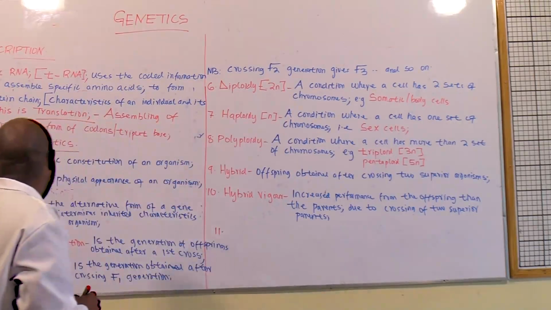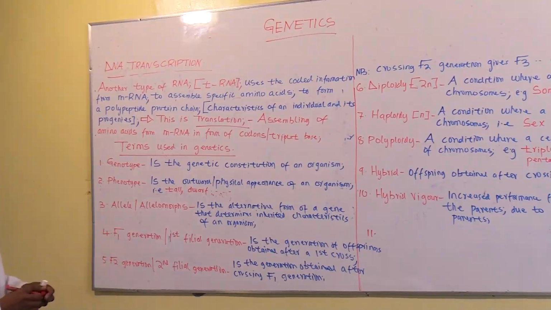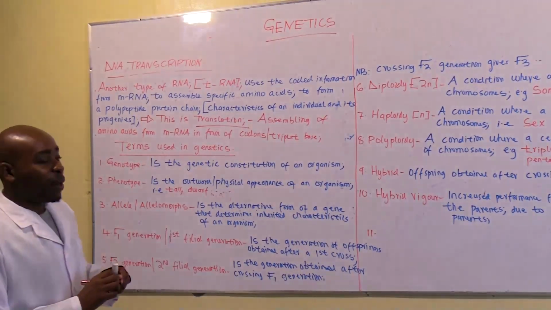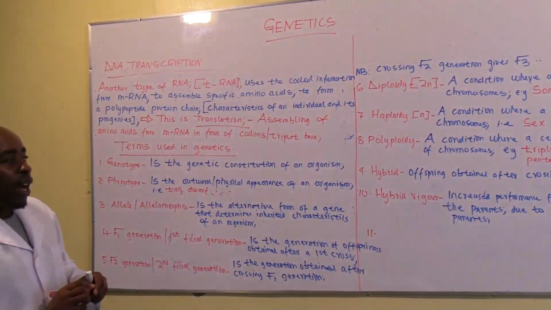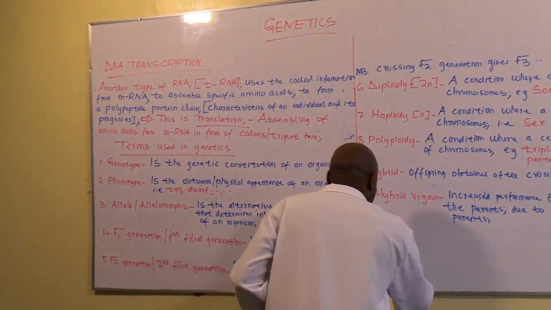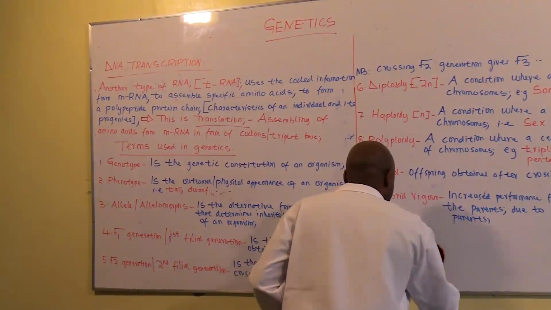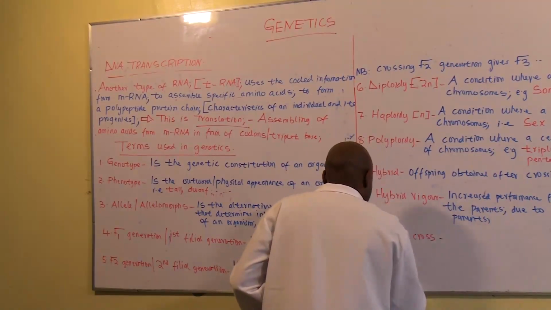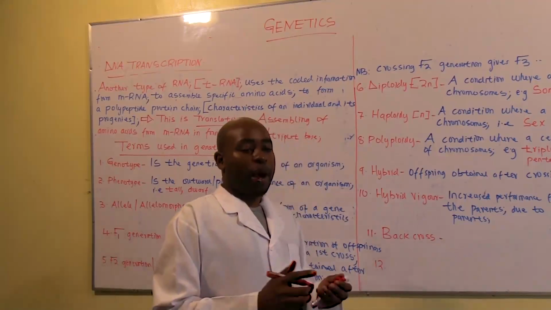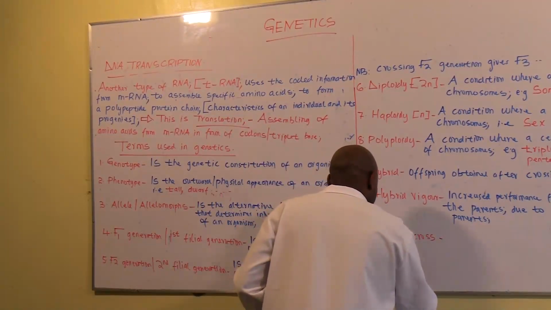So we have talked about genotype, phenotype, allele, F1 generation, F2 generation, diploidy, haploidy, polyploidy, hybrid vigor. Then we have the other one, that is the back cross. Now, some students normally confuse between back cross and test cross.